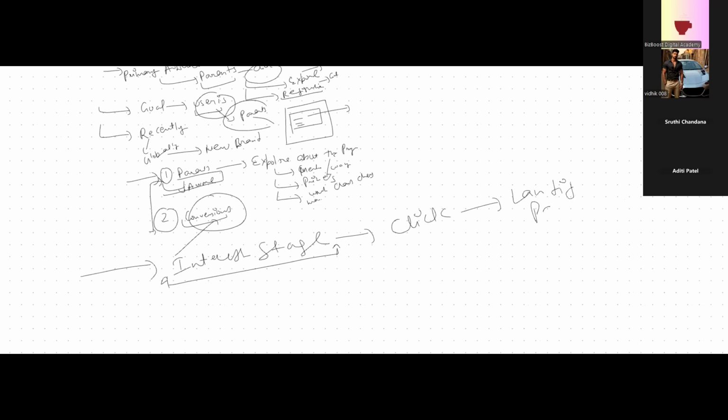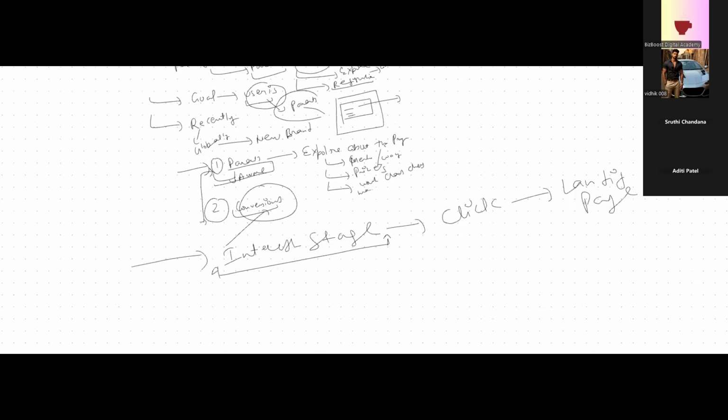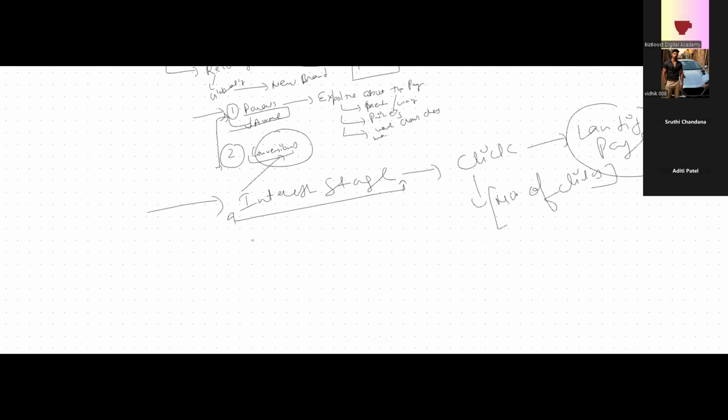So the key metric the ad performance will be judged on is the number of clicks, because in this stage the most important thing is to get the relevant audience onto our landing page. So for this interest stage on Google Ads, we'll select website traffic.